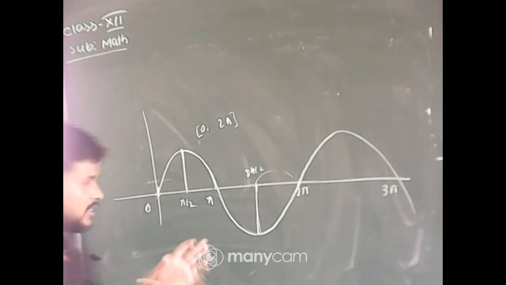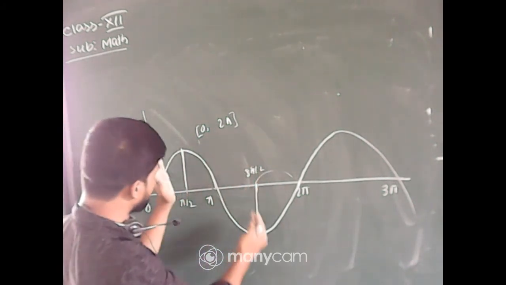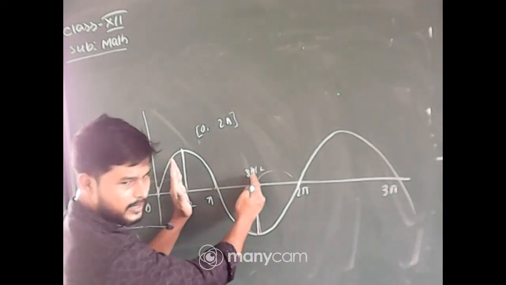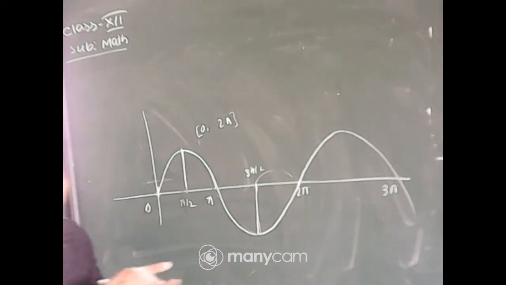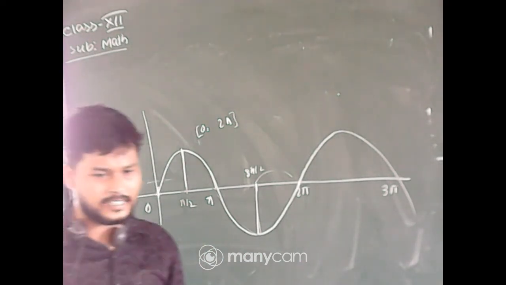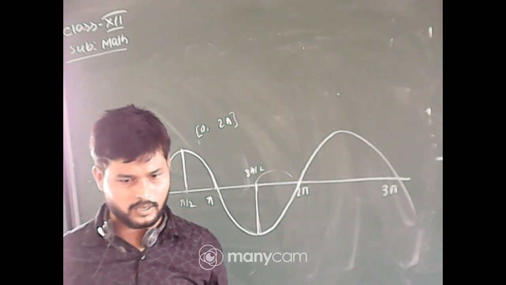It is increasing from 0 to pi by 2 and decreasing from pi by 2 to 3 pi by 2. But when you consider the whole interval, the sine graph is neither a decreasing function nor an increasing function.